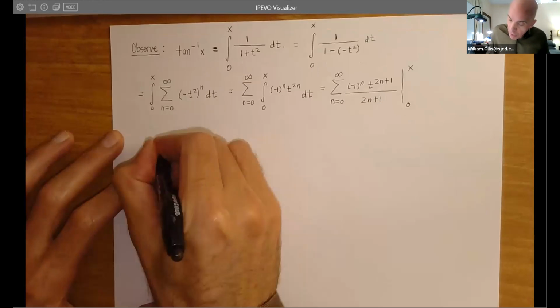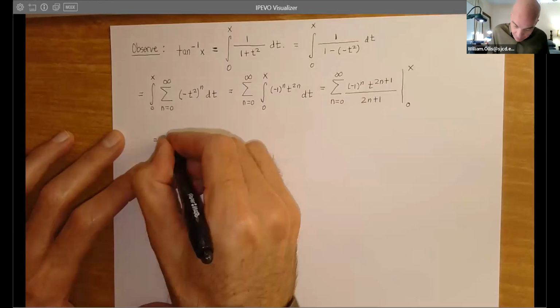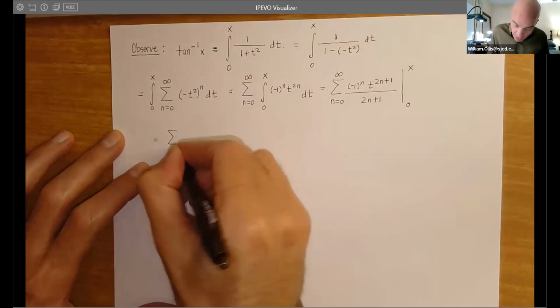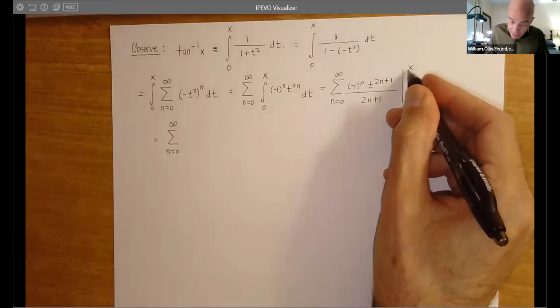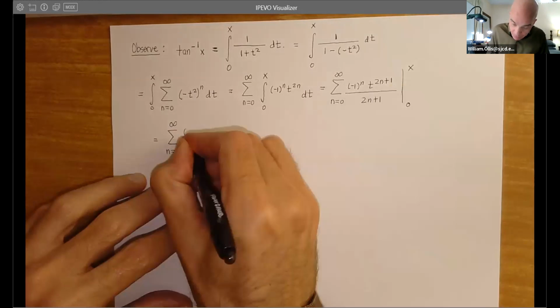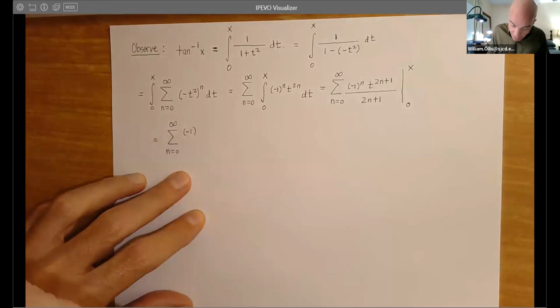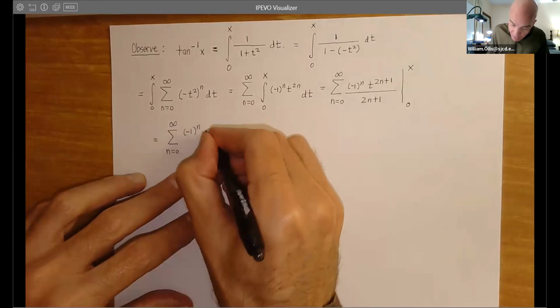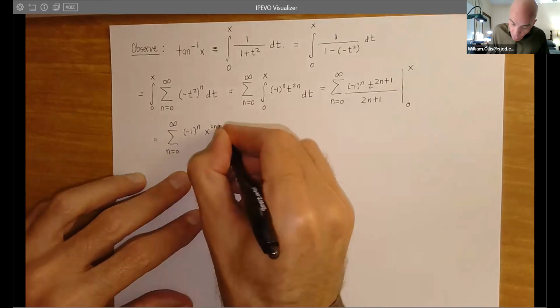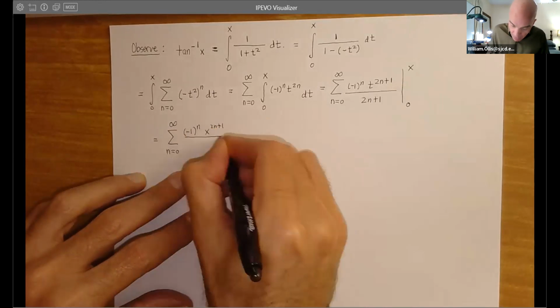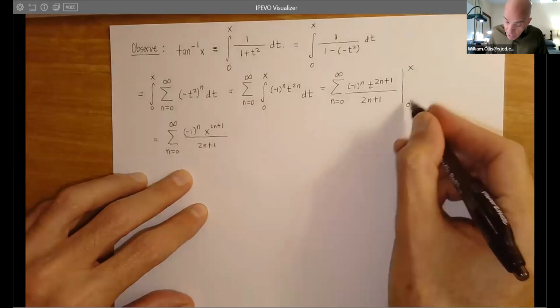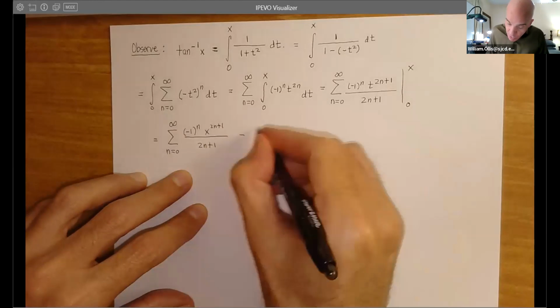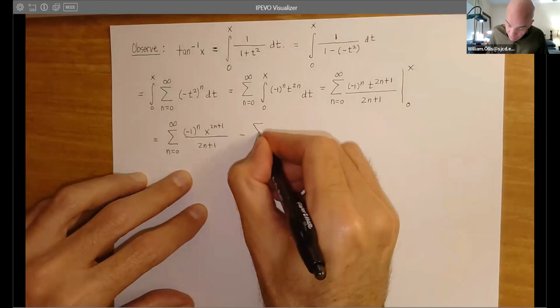And so now we can just replace. We have n equals 0 to infinity, replace t with x, so we get -1 to the n, x to the 2n plus 1 over 2n plus 1. And now, of course, the 0 here, so we get minus this series, which is just going to 0 out.